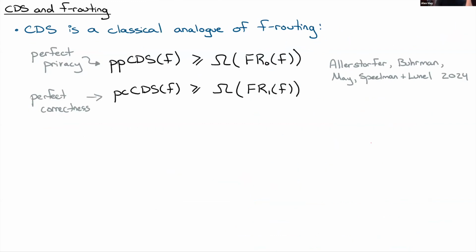Okay. So it turns out that CDS is a classical analog of F routing. And this was found in a recent paper with myself and collaborators.